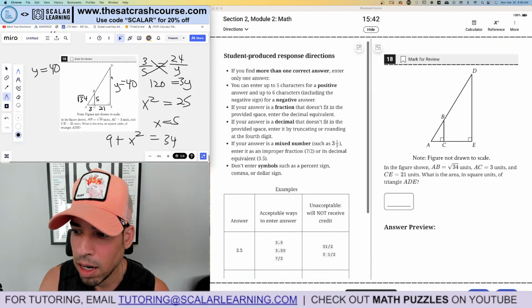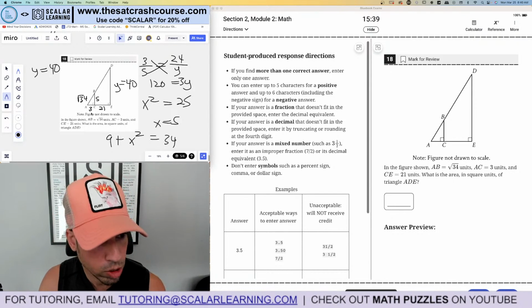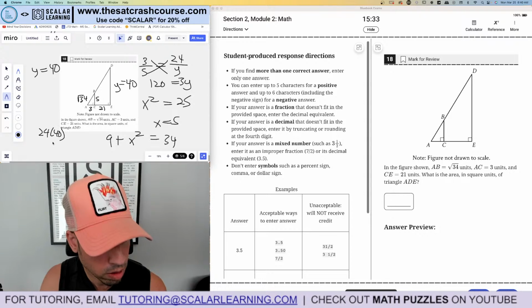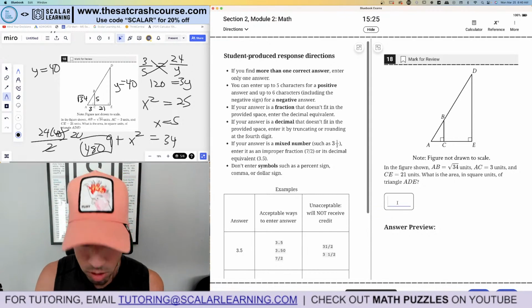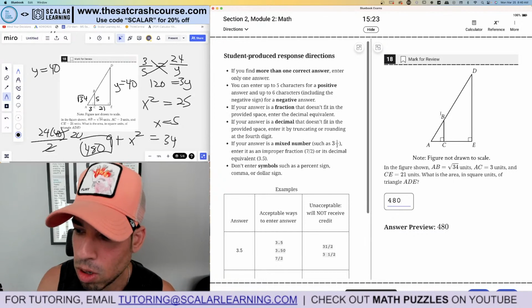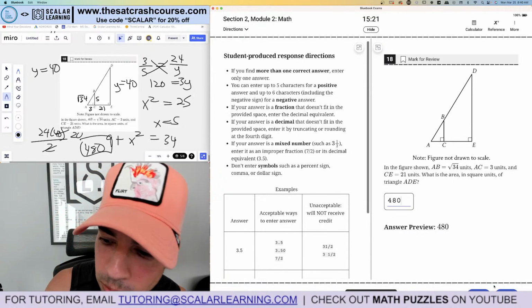Now, to get the area of this right triangle, we do base times height divided by 2. So 24 times 40 divided by 2, that becomes 20 times 24, which is 480. So 480 is the winner, I would say. 480 square units. I think we're good to go.